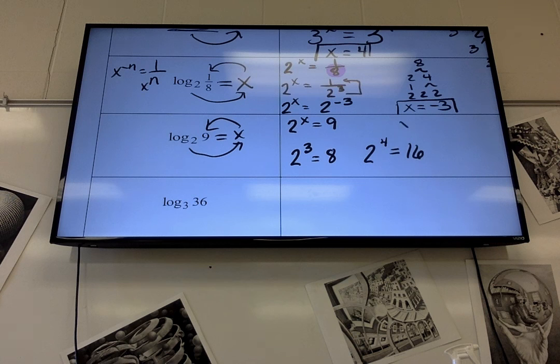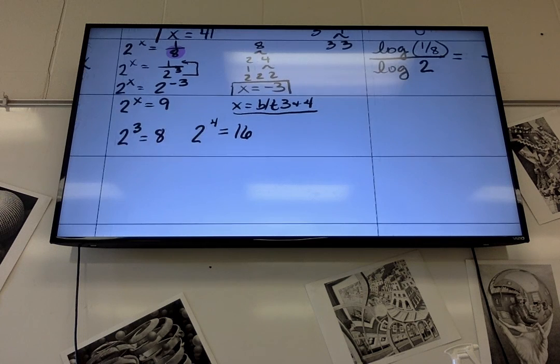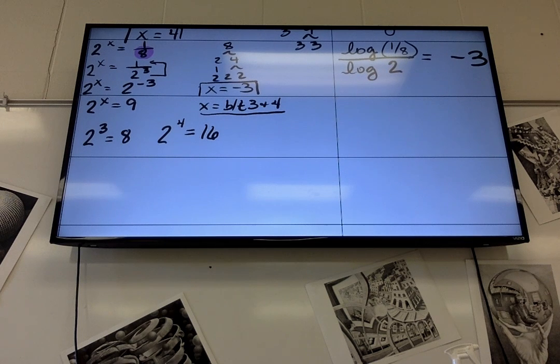So my answer has got to be somewhere between 3 and 4. So here's where calculator is going to help us a lot. Because we're going to see exactly where it is between the 3 and the 4. So we would do log of 9 divided by the log of 2.